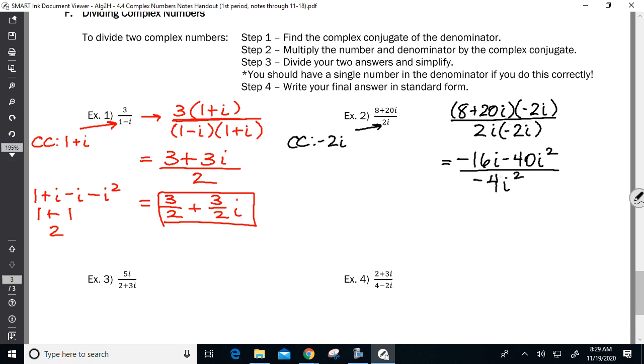So i squared is equal to negative 1. So the top of the fraction becomes 40 minus 16i. i squared is negative 1. Bottom is 4. So this one actually works out quite nicely. 10 minus 4i.